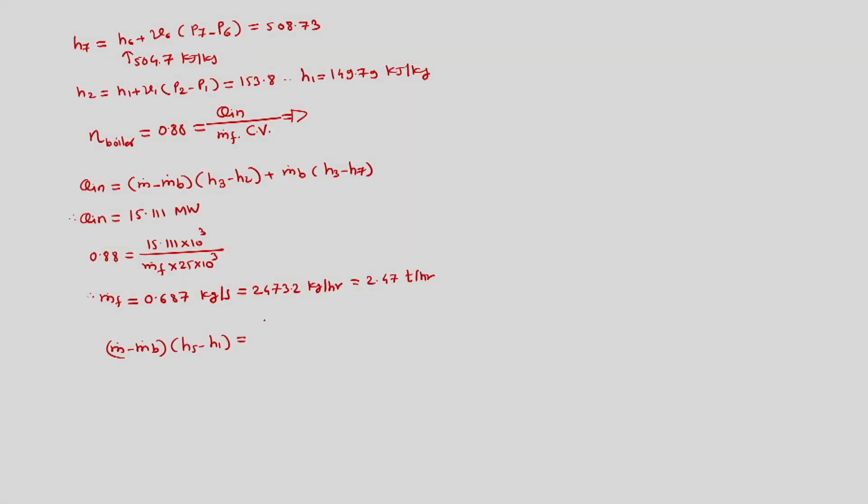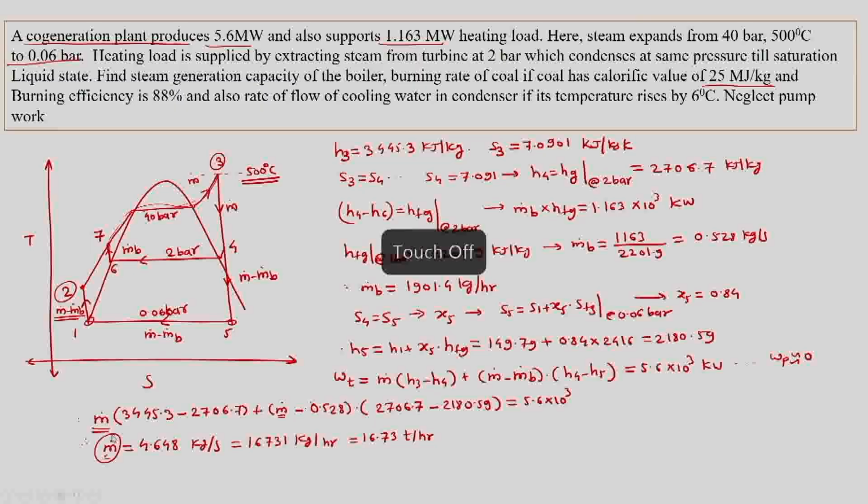So we can evaluate that first, and it will turn out to be 8.367 megawatt. We know m dot from here, and we know m dot B from earlier calculations. So m dot is known, m dot B is known, h5 is known, and h1 is also known.